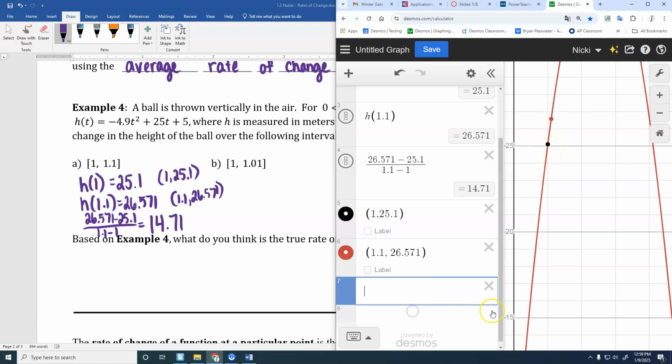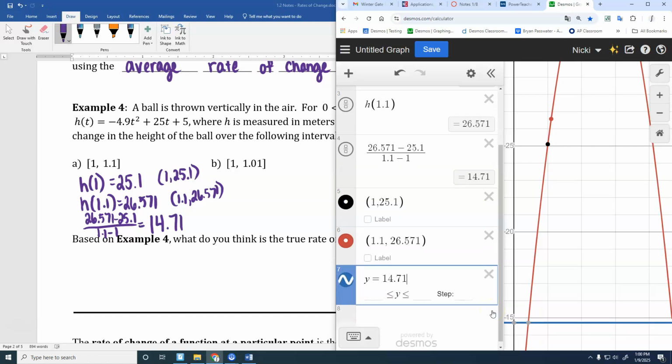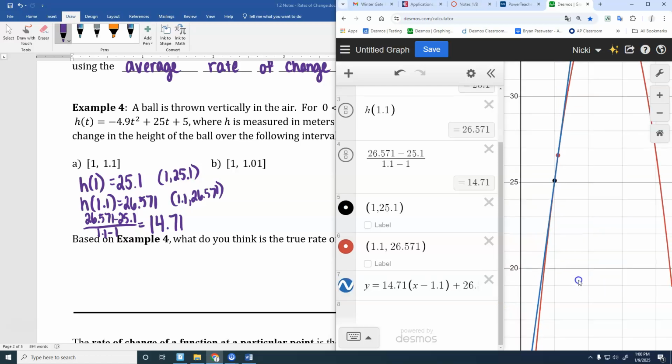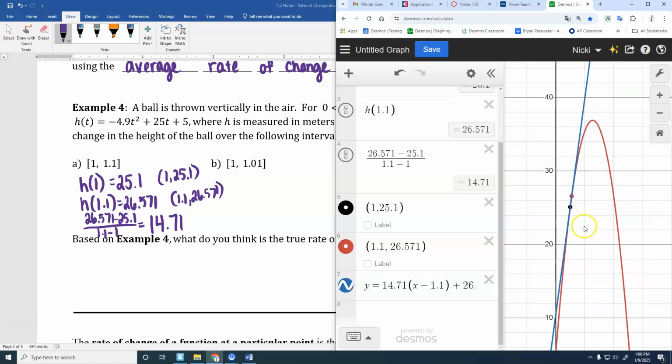If I want to graph the equation of that line, which you may or may not know how to do, I'm just going to do it real quick. Like that blue line right there is the slope. That's the line we're finding the slope of, right?